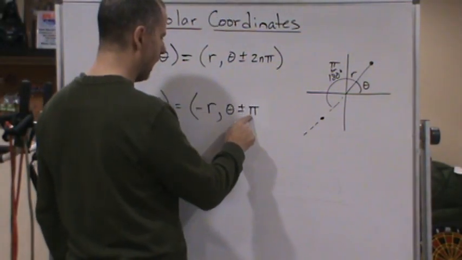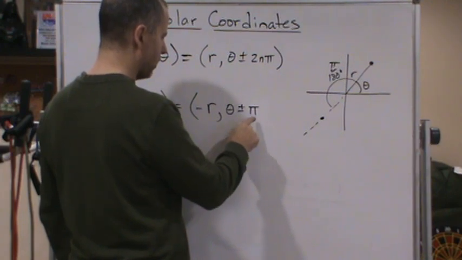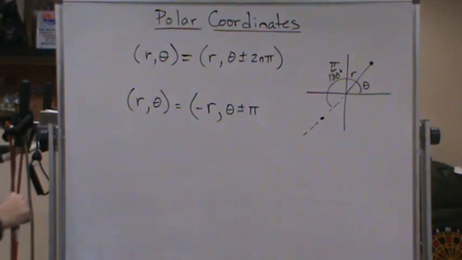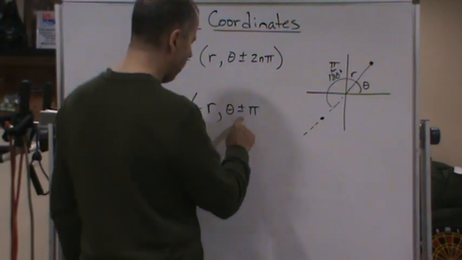So if I add or subtract pi, as long as I take the opposite sign of the directed distance r, I'll be fine. Now, how would I generalize this?